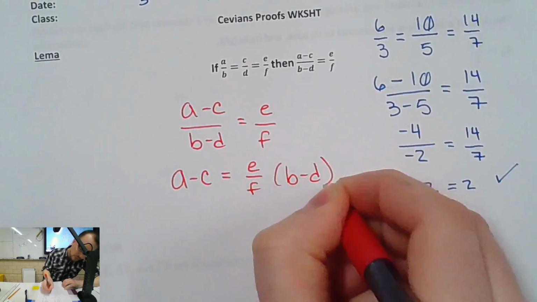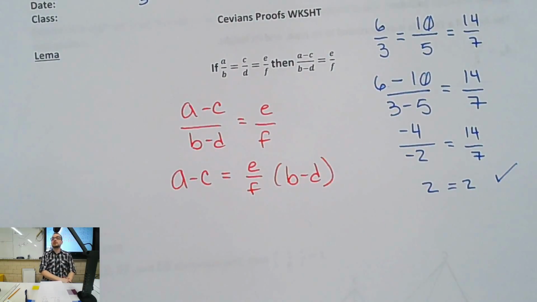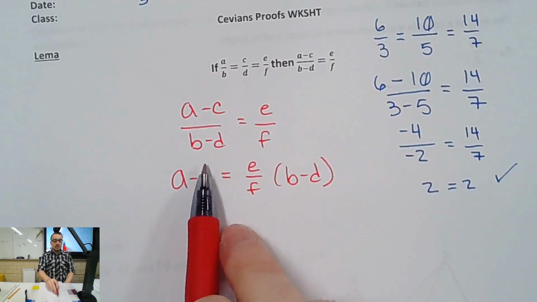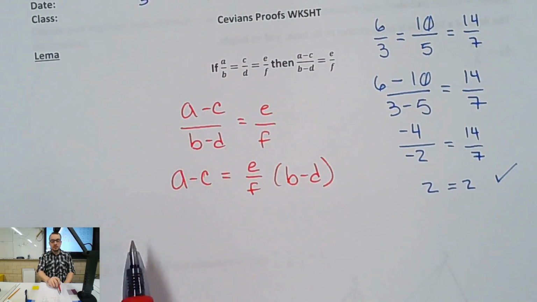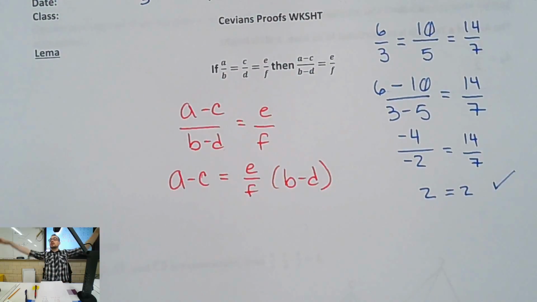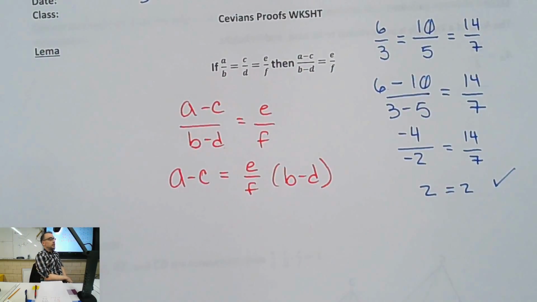As long as I wrap it in parentheses, I can move all that at once by multiplication. We're going to treat that whole thing as a number. Whenever we treat something as a number, we call it a quantity. So I treated the whole thing as one number and moved over by multiplication.